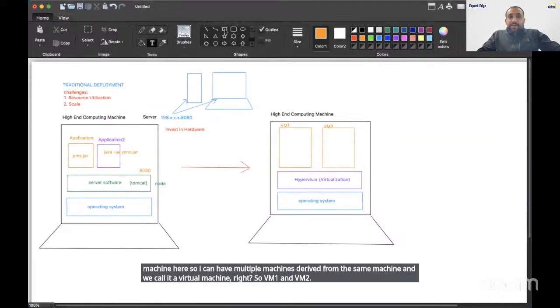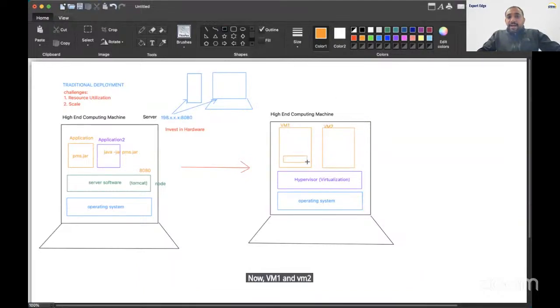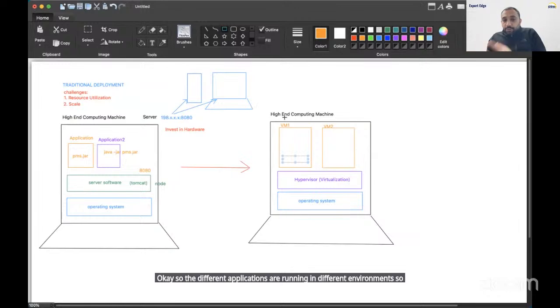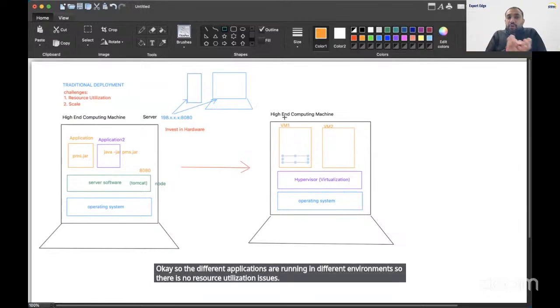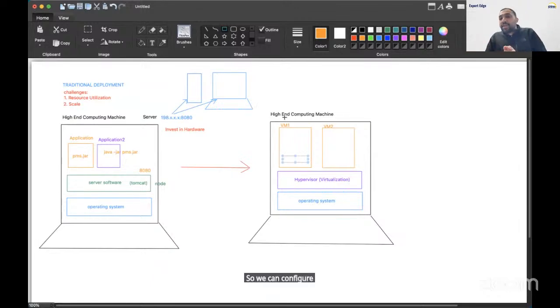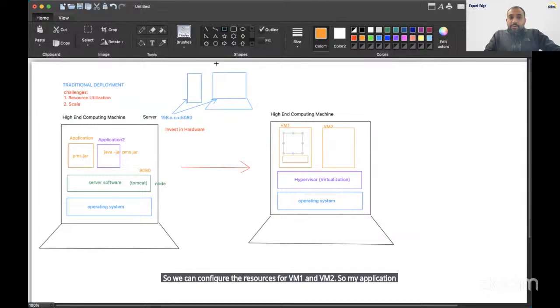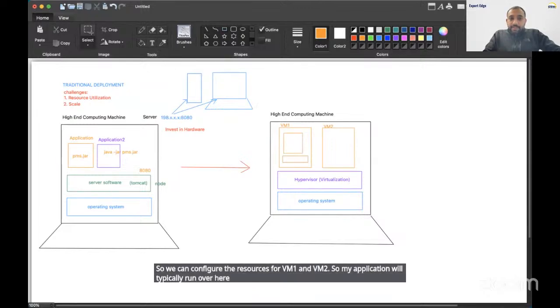Now VM1 and VM2 are running independently. The different applications are running in different environments, so there are no resource utilization issues. We can configure the resources for VM1 and VM2. My application will typically run over here, and similarly the second application can run here.